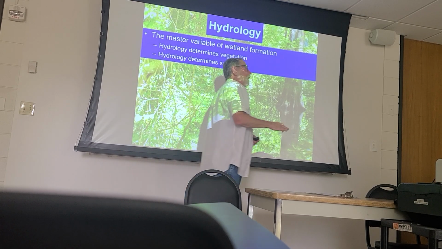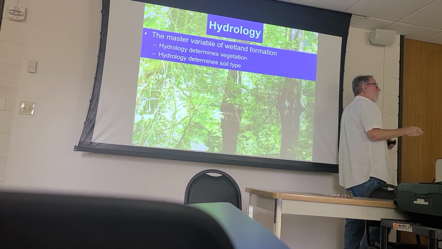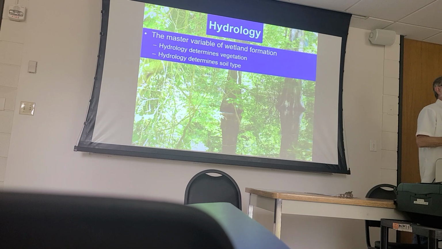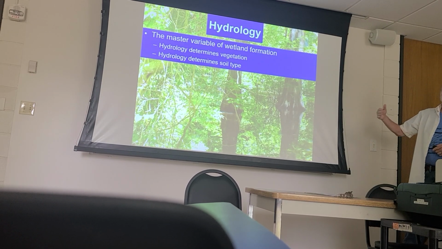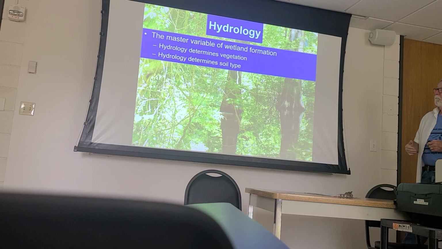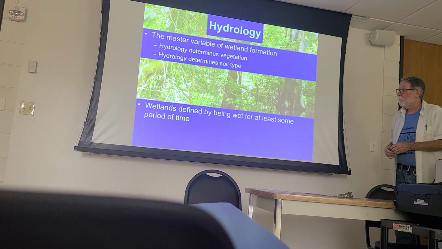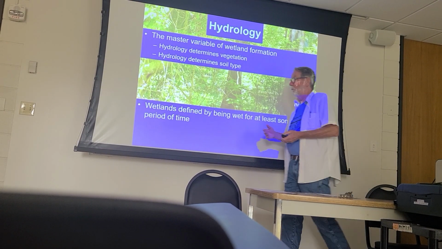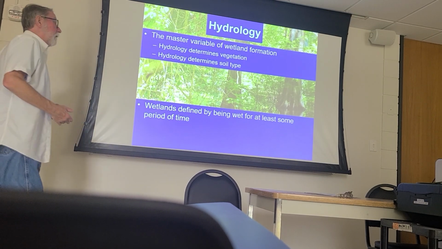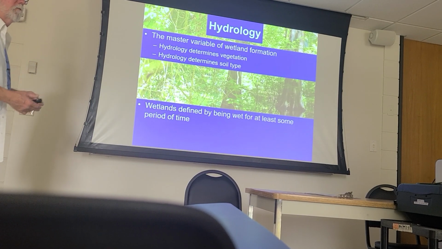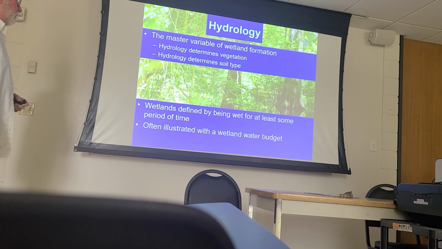If I don't have enough hydrology going on, not enough saturation to determine soil type, this is not going to be a wetland, because the plants are not going to be there, the soil is not going to be there, the water is not going to be there. So again, and this is just being a little repetitive here, wetlands are defined by being wet for at least some period of time. I've given you the golden rule period of time.